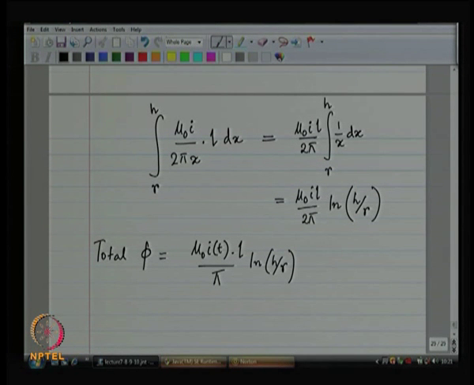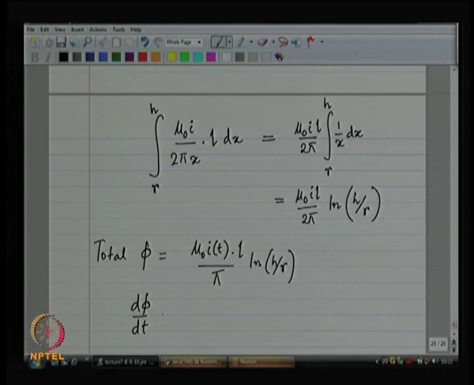right, and d phi by dt, the rate of change of flux creates an EMF. So, if I try to change the flux, then an EMF is created which is equal to the rate of change of flux, rather a back EMF is created.